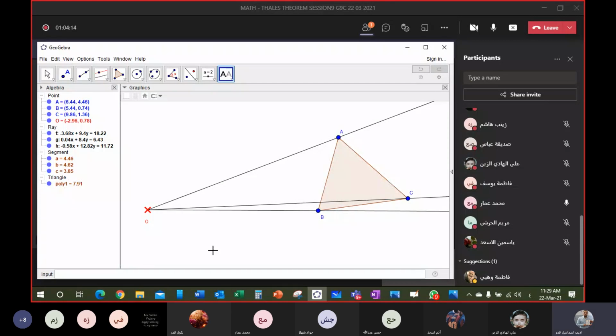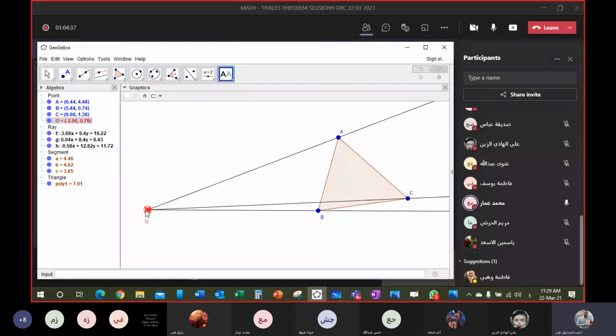Then continue, Muhammad. Before the OA, OB, and OC, what did we put? The center of reduction, which is O.